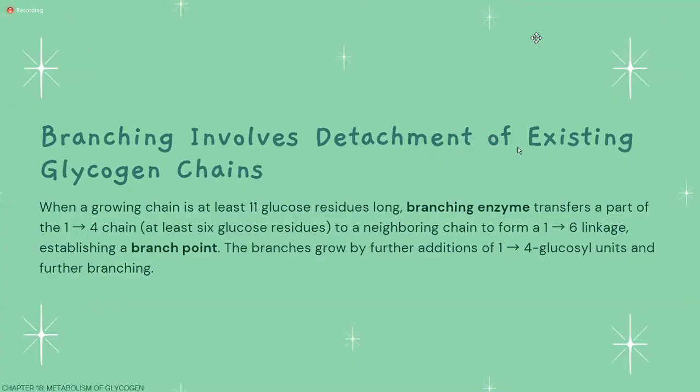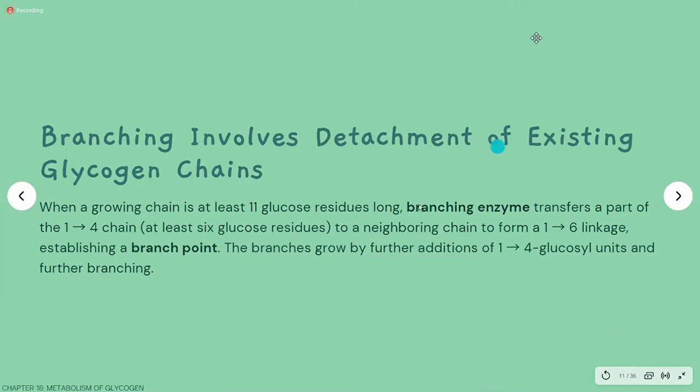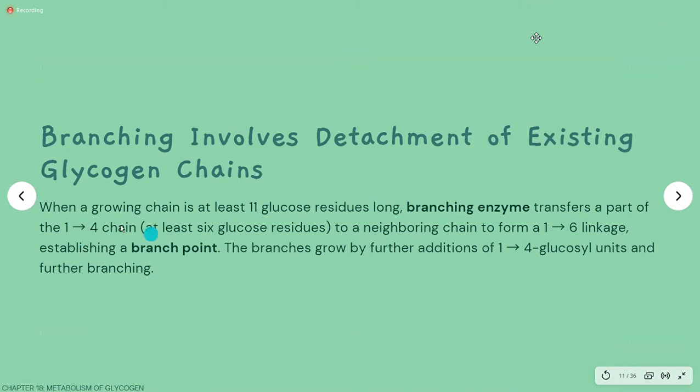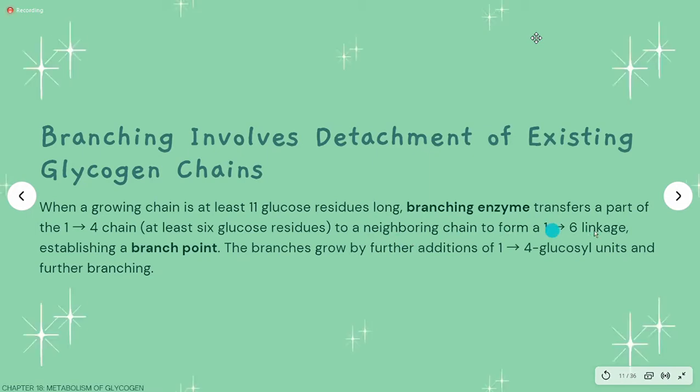Branching involves detachment of existing glycogen chain. So branching enzyme transfers a part of 1,4 chain, alpha 1,4 chain, 6 glucose units, look at that, to a neighboring chain, to form an alpha 1,6 linkage, establishing a branch point.